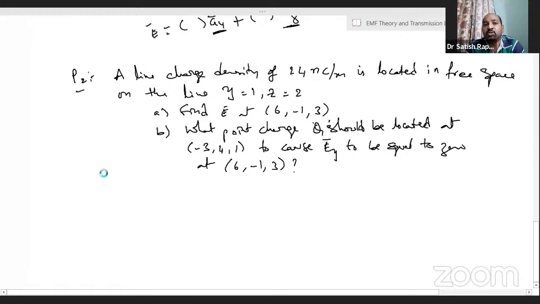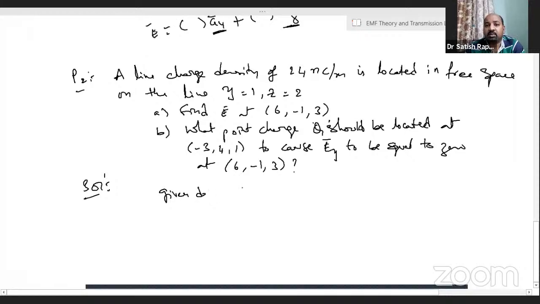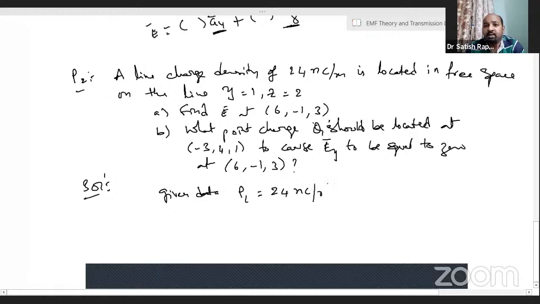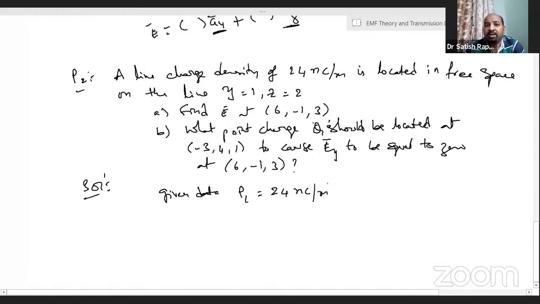So coming to the solution, let me take the given data first. The line charge density rho L is given as 24 nanocoulomb per meter, and is located at y is equal to 1 and z is equal to 2.